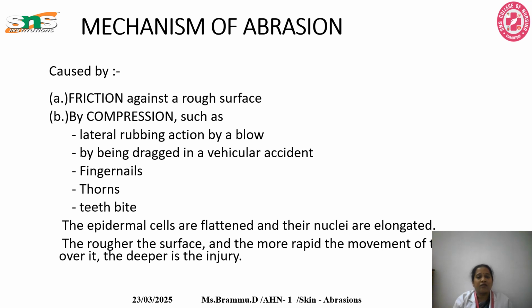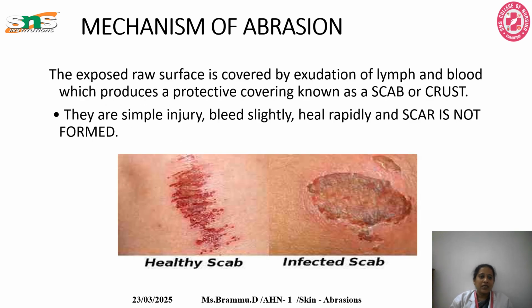The epidermal layer of the cells are flattened and the nuclei are elongated. The rougher the surface, the more rapid the movement, the deeper the skin injury goes. So the mechanism of abrasion, like you can see from this picture, there is a healthy scab and an infected scab.